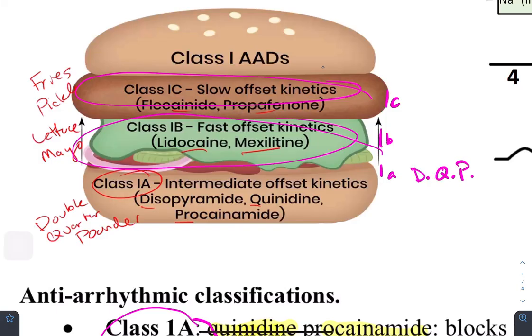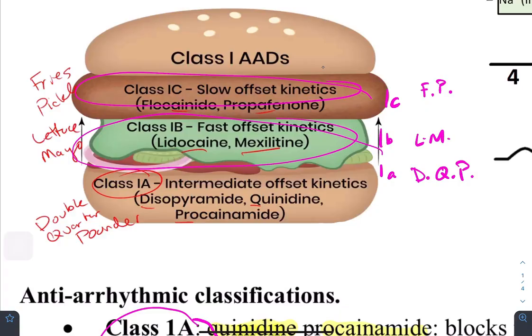And in between, we have our lactose mayo. Mayonnaise, lactose and mayonnaise. And on top of these condiments, we have our fries and pickles. So double quarter pounder, lactose mayo, and fries pickles.